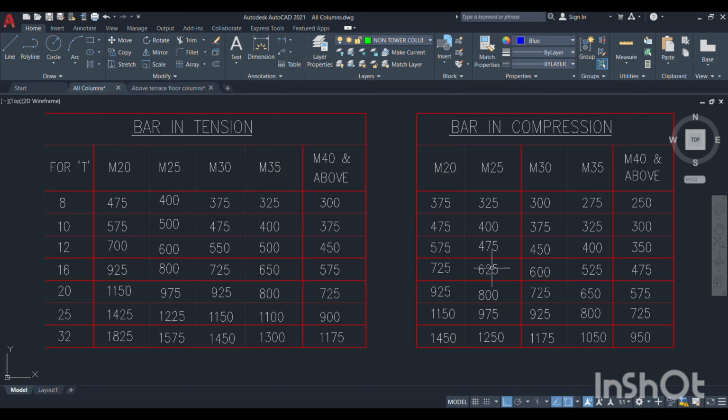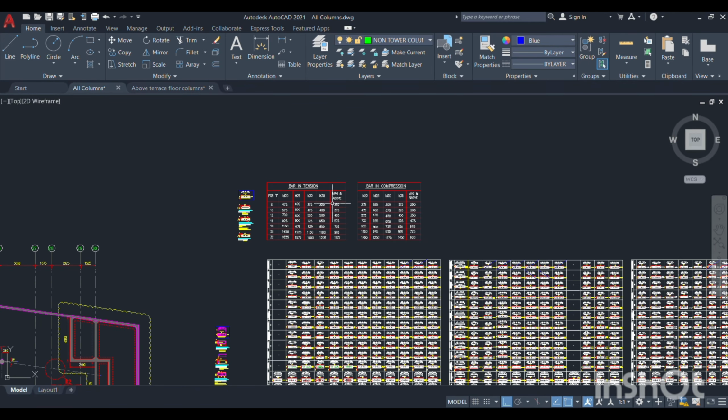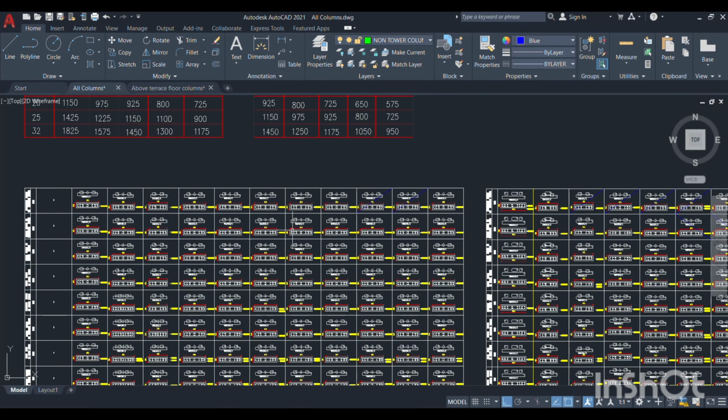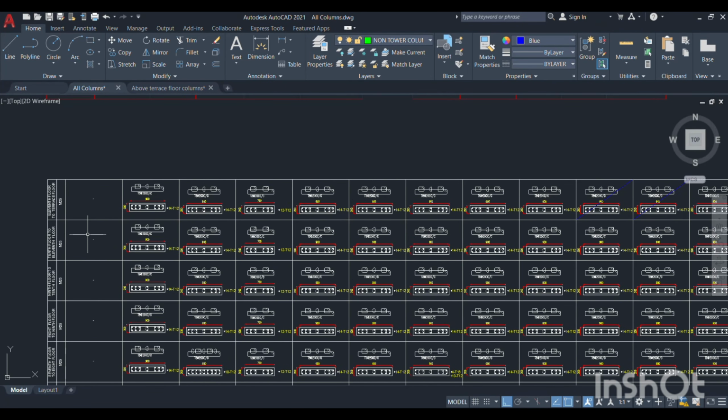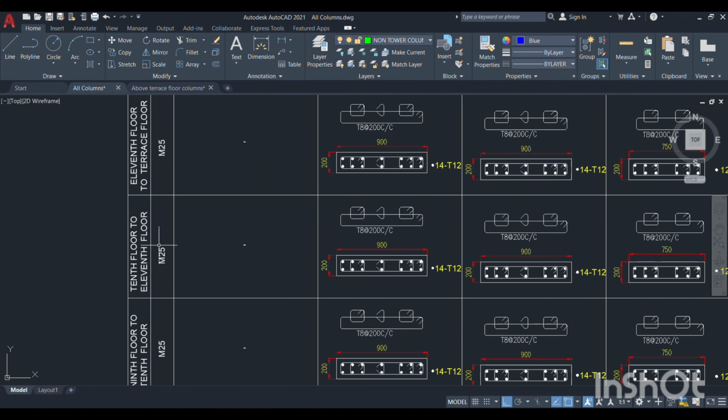But the 20 mm dia has 800 mm lap length, so this 20 mm dia rod should be installed before casting of the 10th floor column.